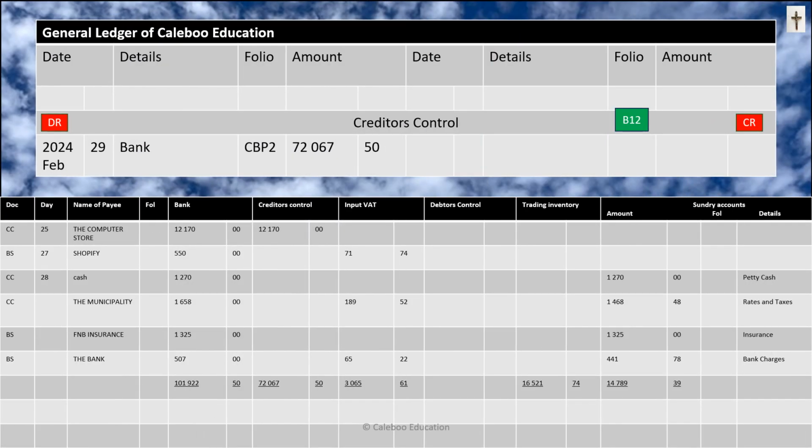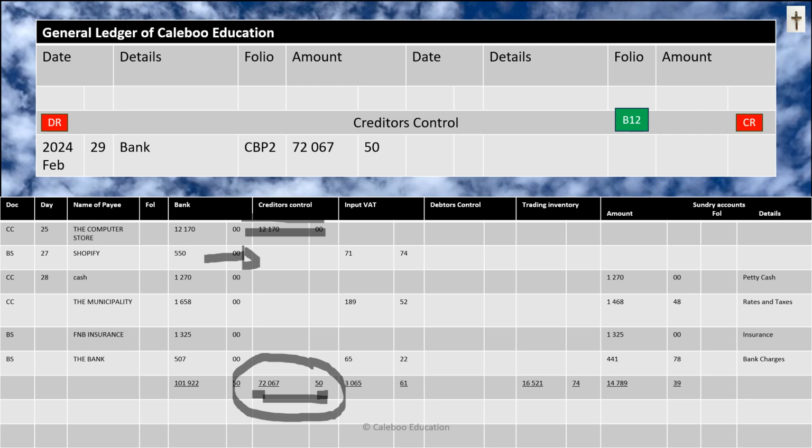And as we're moving through the journal from left to right, our next column is creditors control, and there's the amount that was paid to the creditors for the month of February, 72,067.50. Remember, in this exercise we only got one creditor, the computer store, so that amount of money was paid to the computer store.